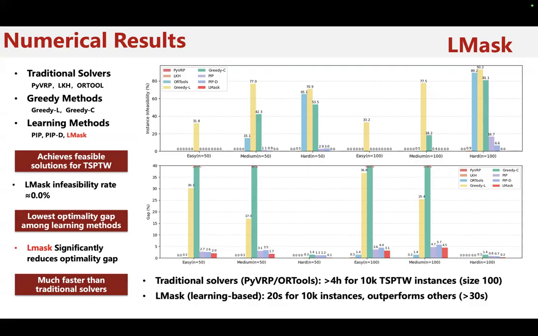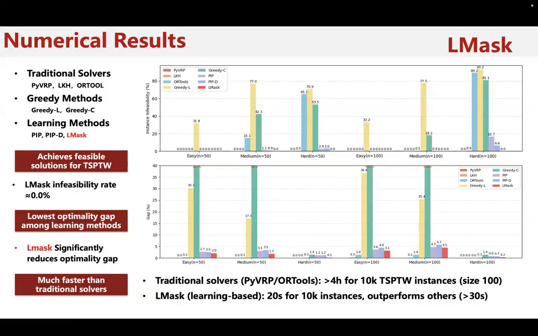Maybe for other problems you use a combination, for example, your foundation model plus a classical solver? Yeah, sure. For example, we generate a very good initial point, and then we call the traditional solvers. Of course, this is a very good combination. Yeah, right. There are many possibilities.